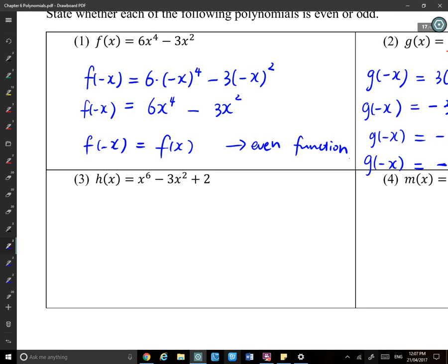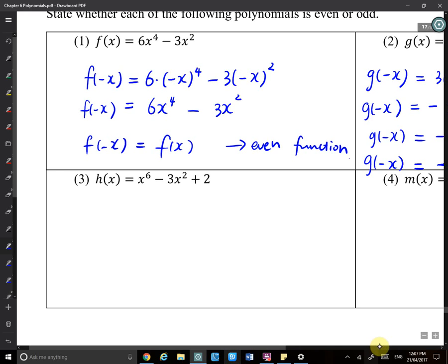Okay, everyone, let me finish this. Two more exercises. Let me finish. Okay, h(-x) is negative x to the power of 6 minus 3 times negative x to the power of 2 plus 2.